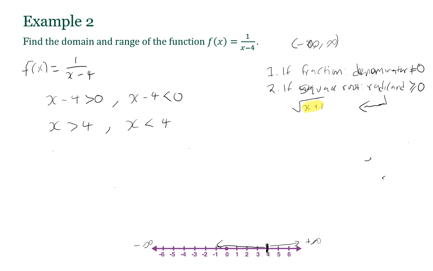In general, we can write our domain as minus infinity up to 4, that is x less than 4, union from 4 to infinity, that is greater than 4. And you see that we use the rounded bracket to show that the 4 is not included. So this is our domain.